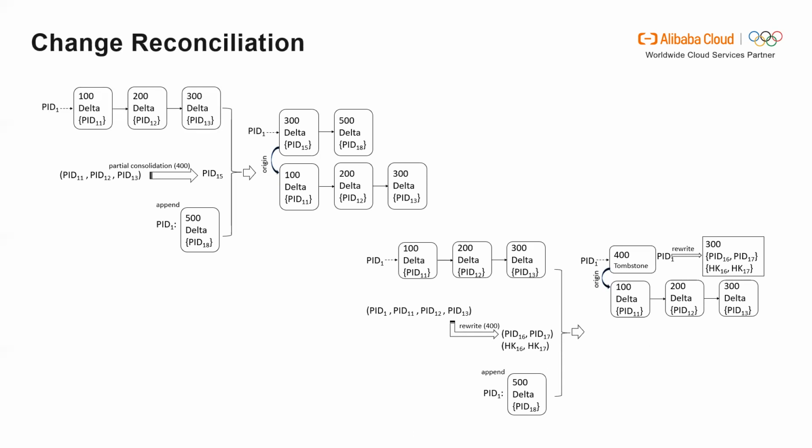So PID 18 will be put into PID 16's delta chain, restricted with PID 16's key range. PID 18 will also be put into PID 17's delta chain, restricted with PID 17's key range.